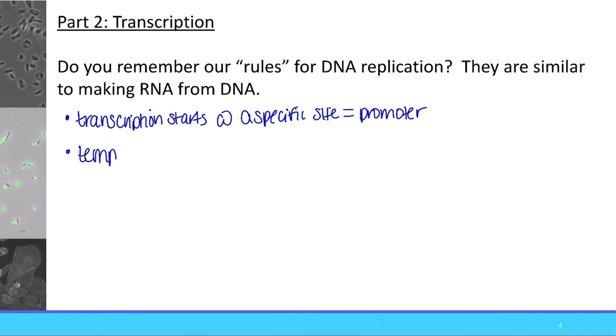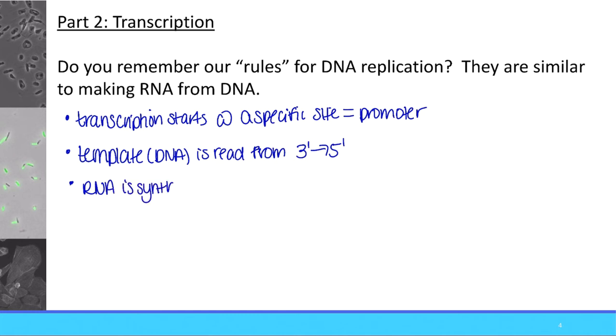And our template, which in transcription is DNA, is read from 3' to 5'. If you recall from DNA replication, DNA is also read from 3' to 5'. The next rule is actually going to be very similar as well. RNA is synthesized in a 5' to 3' fashion.